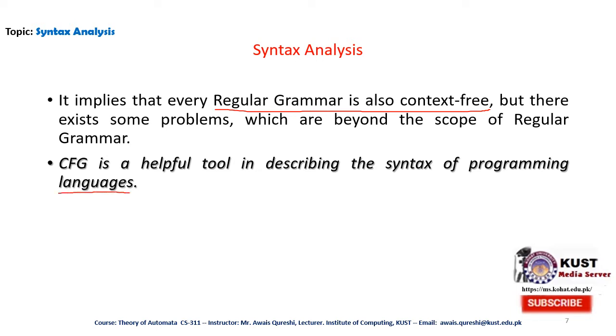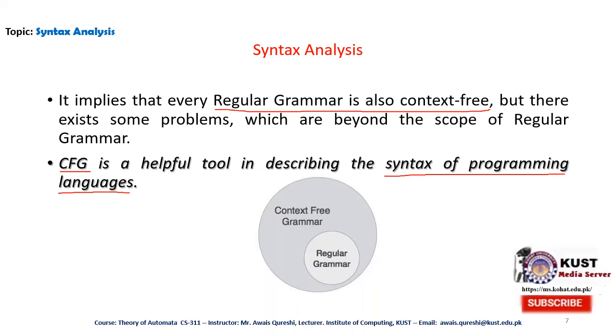So whenever you want to describe or check the syntax of a programming language, we will use a context-free grammar, because it is a helpful tool to describe the syntax of a programming language. CFG is a superset of regular grammar.